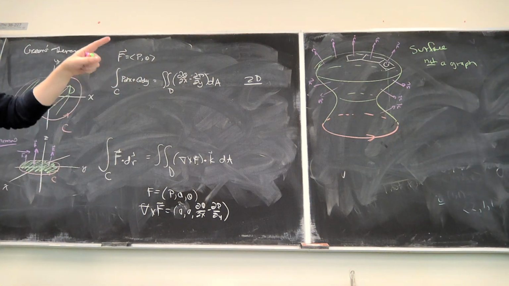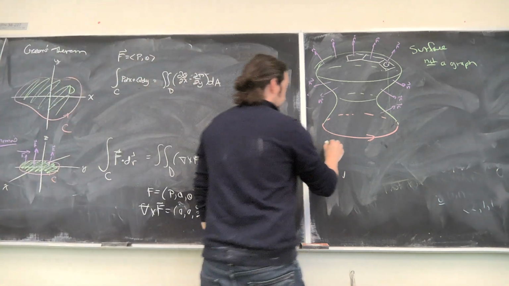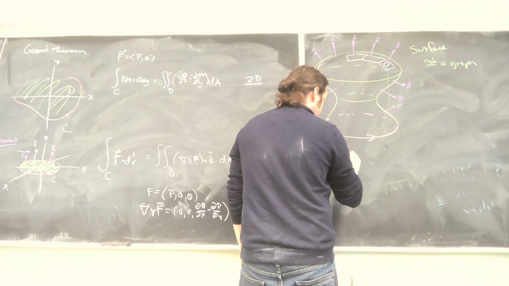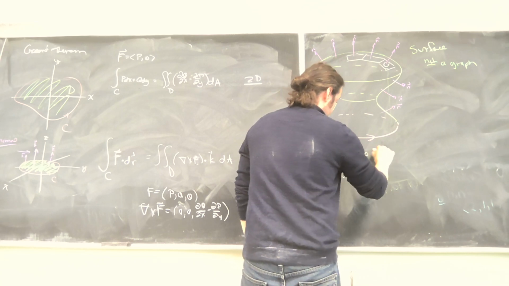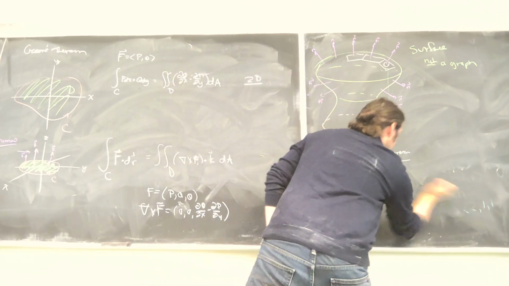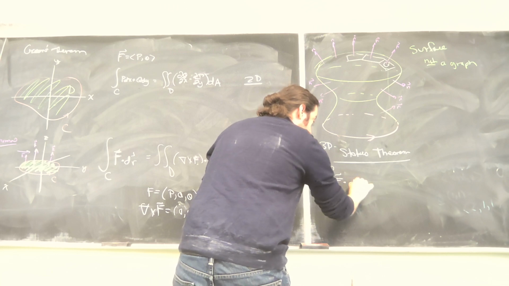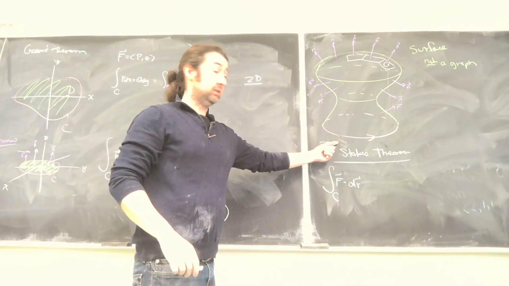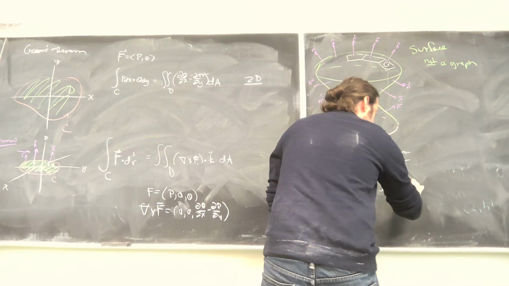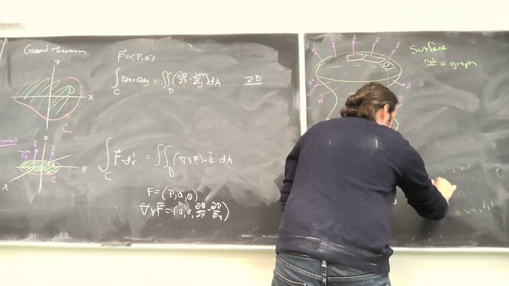My claim is that this is basically just Green's theorem, but puffed up. So the 3D version of Green's theorem is called Stokes' theorem. And Stokes' theorem says the integral around C of F dot dr, the circulation around the boundary, is equal to the double integral on the surface of the curl of F dotted with a normal vector dA.